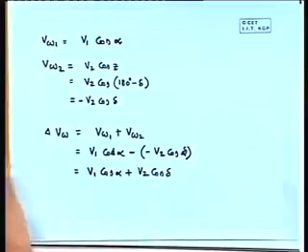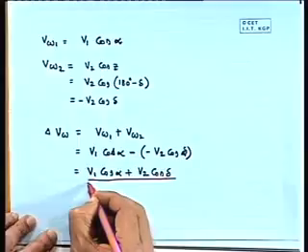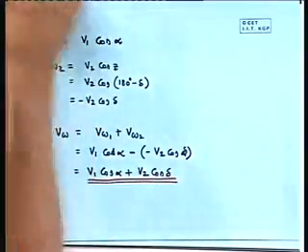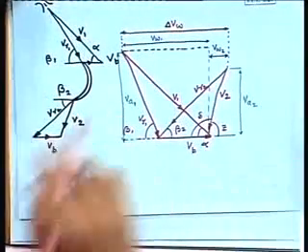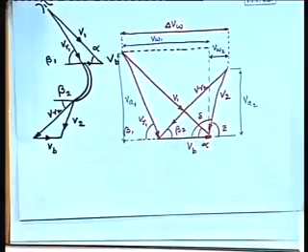So, here I would like to tell you that we have drawn a particular diagram where delta is an obtuse angle. It need not be an obtuse angle always. The value of delta depends on the relative velocity, the blade velocity, and of course the outlet blade angle.